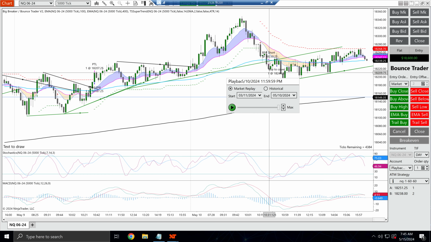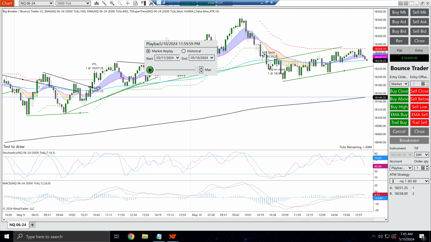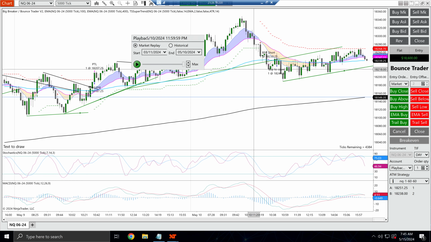Now let me explain something. The way these algos work, the majority of them, let's say this is in a trade, so here's a break line trade, a break to the downside.